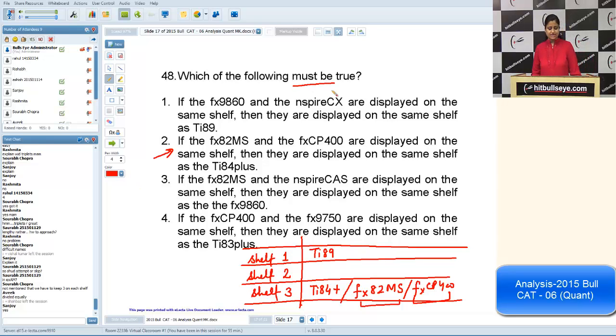If the FX82MS and the FX-CP400 are displayed on the same shelf, we are considering that they are sharing the same shelf, then they are displayed on the same shelf as the TI-84 Plus. That is the only shelf we can consider, because with TI-84 Plus, at least one of them should be on the same shelf. That's why we can write that second option, that is the must be true statement. Did you get that, Sanjay?